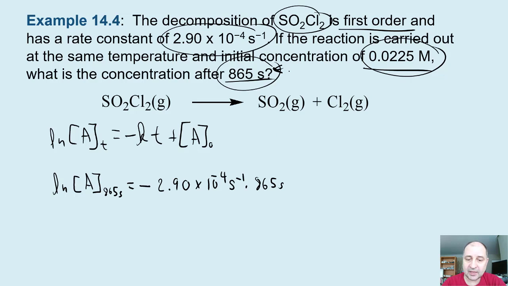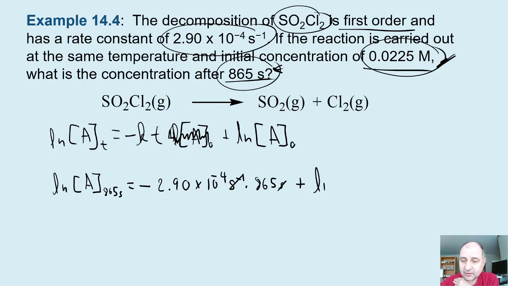That's provided, and so we right away have unit canceling here, plus the initial concentration of A, or SO2Cl2, which is given to us. Sorry, I forgot, of course, the natural log. Wonderful, right? So this is also the natural log of A. Let me rewrite that. Plus the natural log of A at time 0.